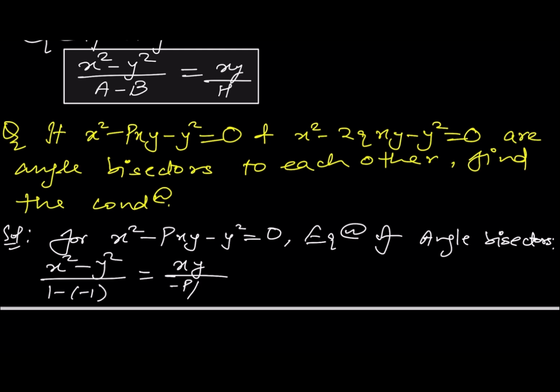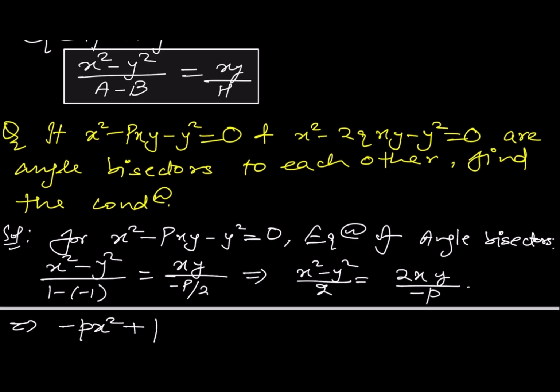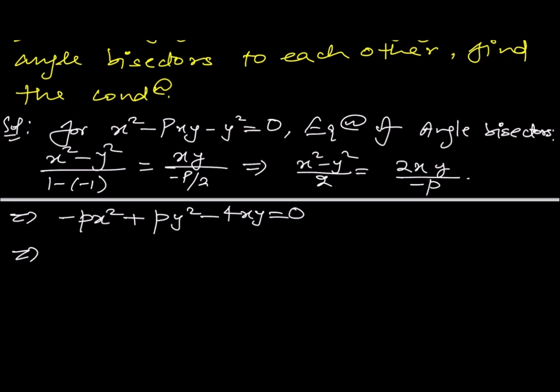Minus p by 2. From here we can get (x square minus y square) upon 2 is equal to 2xy upon minus p, right? Or minus px square plus py square minus 4xy is equal to 0, or px square plus 4xy minus py square is equal to 0, right?